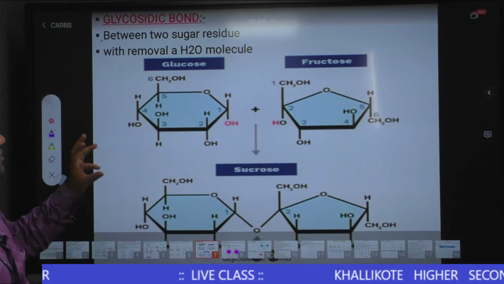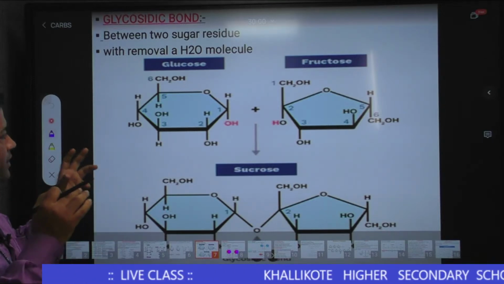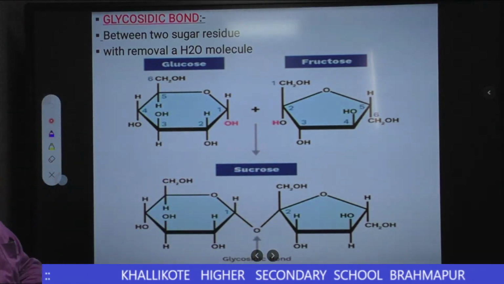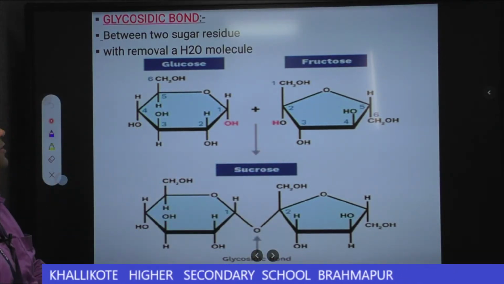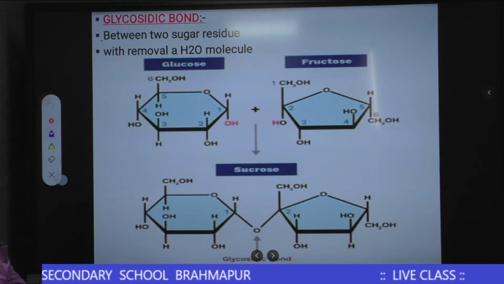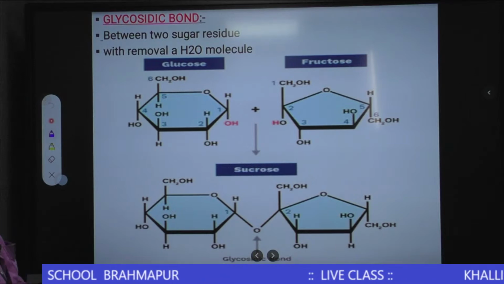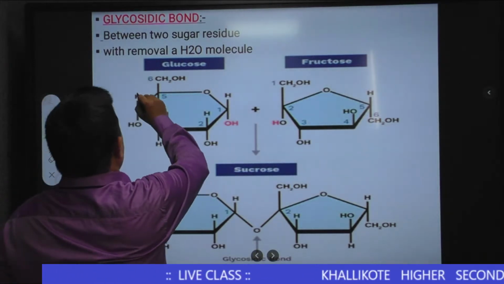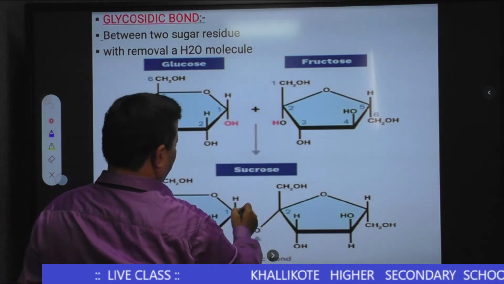We know a glycosidic bond develops between two sugar residues. After formation of a glycosidic bond, the sugar can be considered a sugar residue. A glycosidic bond is formed between two sugar units with removal of a water molecule.